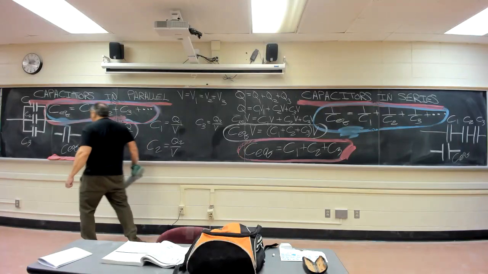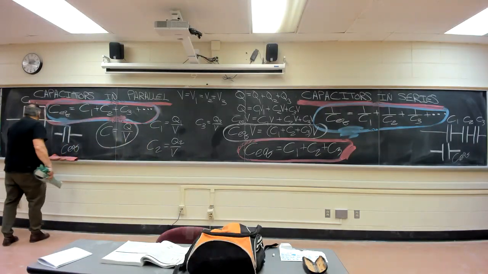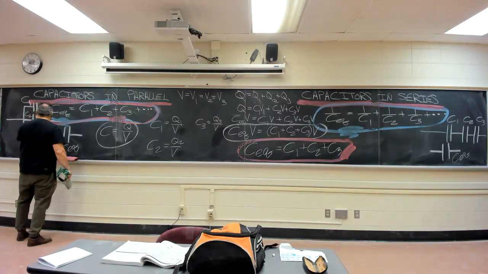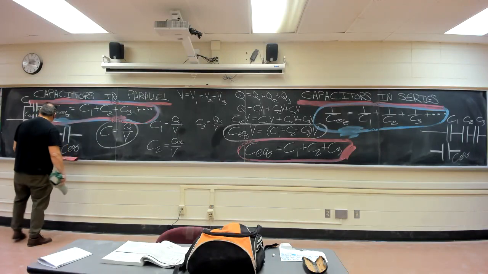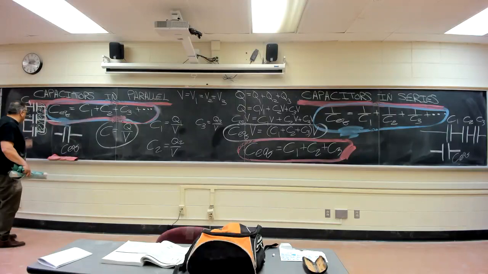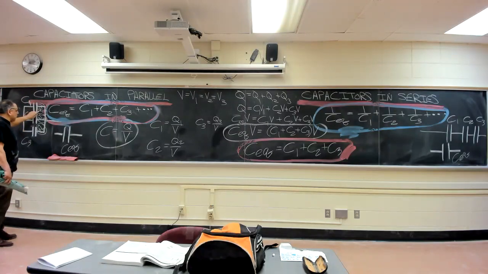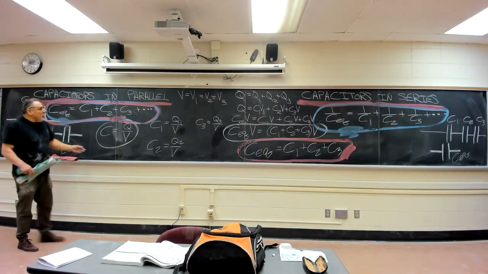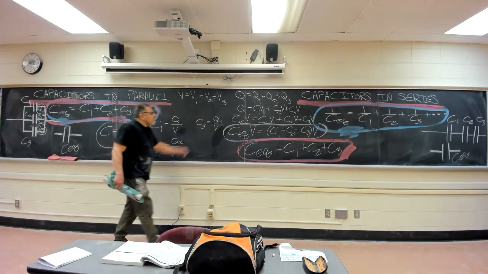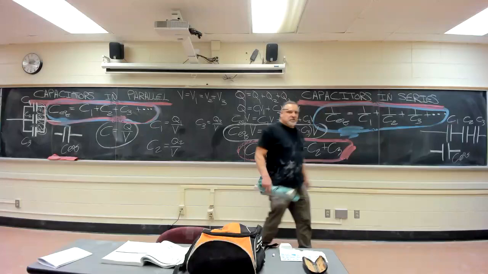What made this thing happen is there's an amount of charge, Q1 right here, a different amount of charge, conceivably, Q2, and a different amount of charge here, conceivably, Q3. All together, that's the total charge. That total charge we'll have right here, and that's your equivalent.